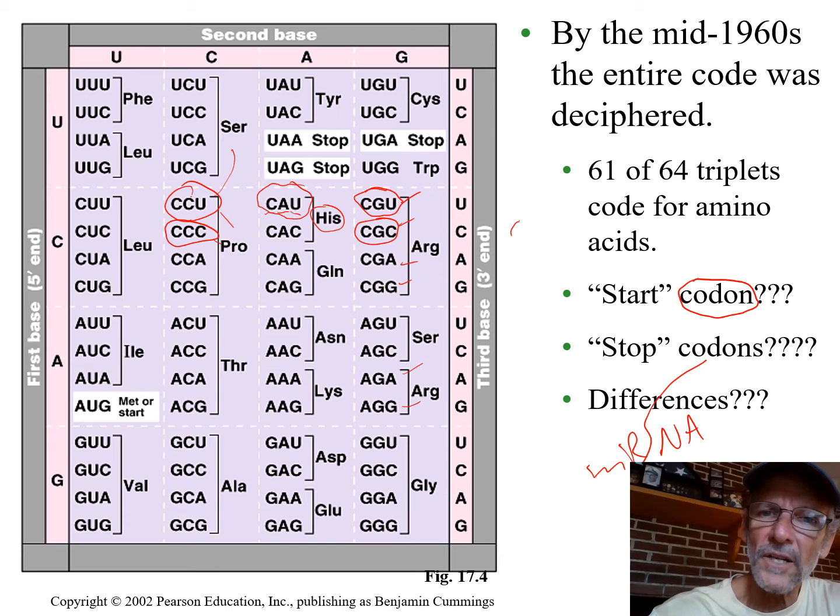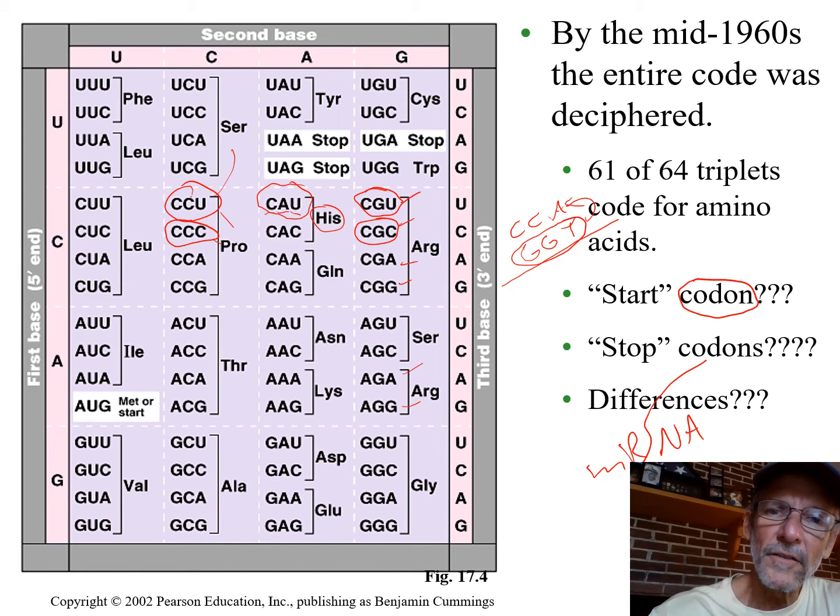If this codon is CCA, how did that get put together? It got put together from a DNA template that had GGT in line like that. This led to the making of that, right? But this is not called a codon.